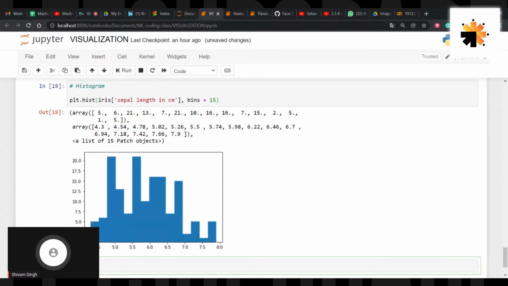So it actually shows you the frequency. Frequency is nothing but how many times this number is repeated. You can see which number has a high frequency. It starts from 4 and goes till 7.8.